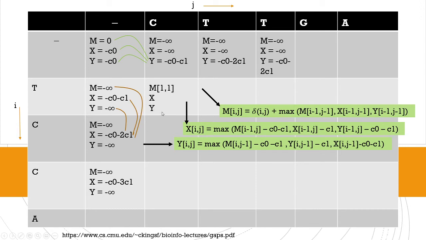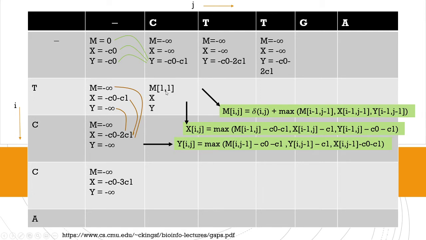So that was the intuition behind knowing that this problem cannot be solved by the conventional solution that we tried last time, which just knows what the best way was. In this case, you not only have to know the best for a given box, but you have to remember all the solutions. You have to remember if you came by matching, by extending on the y-axis, or the x-axis.